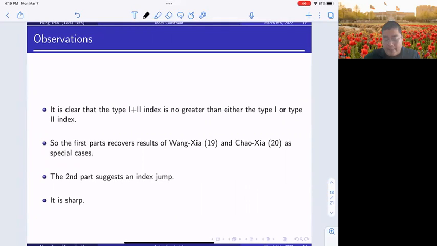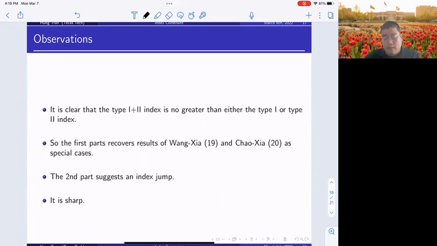So here are some immediate observations. First of all, it is clear that the type 1 plus 2 index is no greater than the type 1 or type 2 index. So the type 1 plus 2 index considers the operator in a smaller subspace, the intersection of these two subspaces.